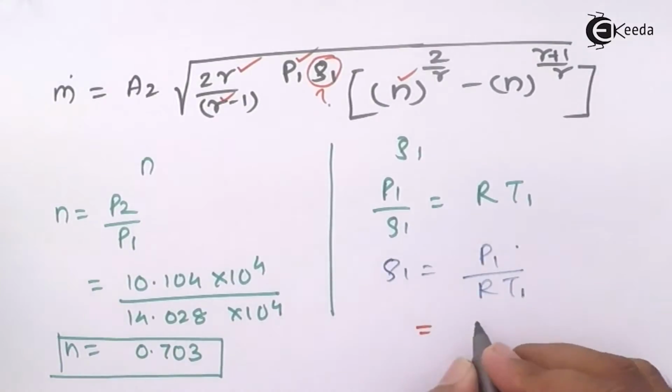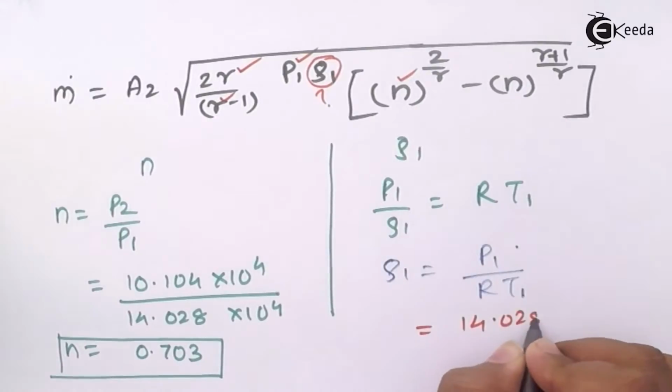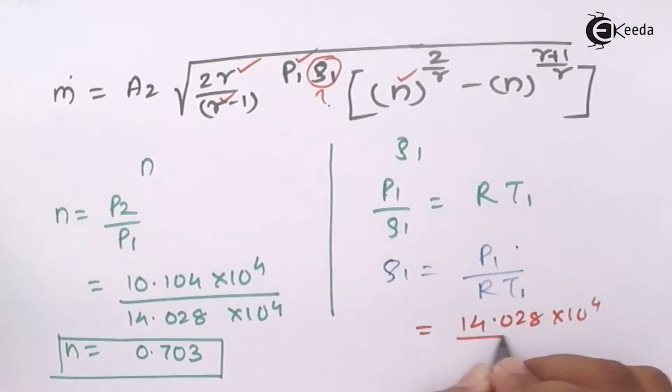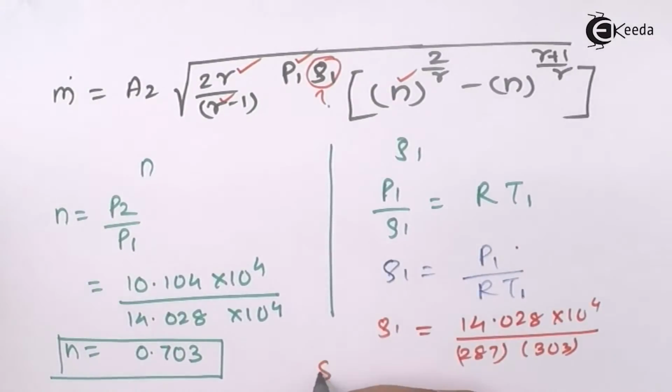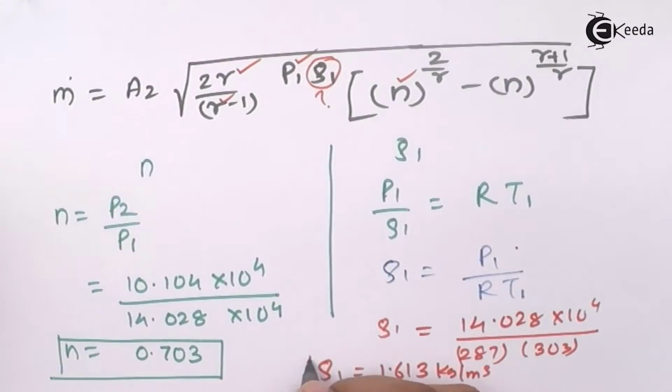This is equal to 14.028 into 10 to power 4 upon 287 into 303, that is the temperature. The density comes out to be 1.163 kg per meter cube. So we have evaluated the value of density rho 1.